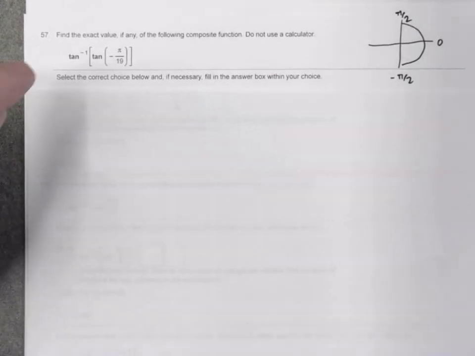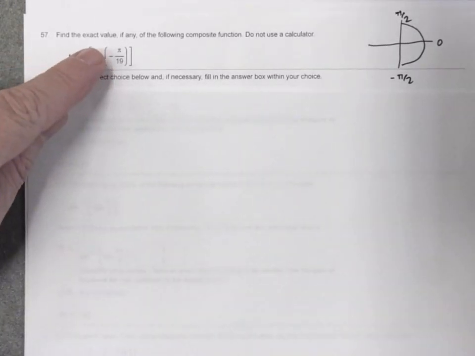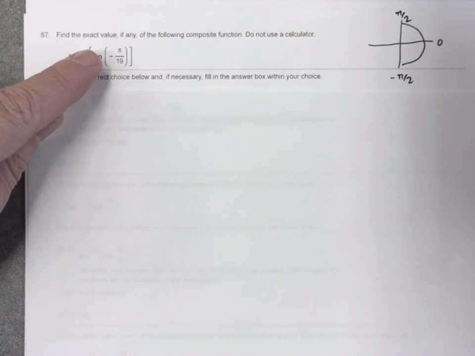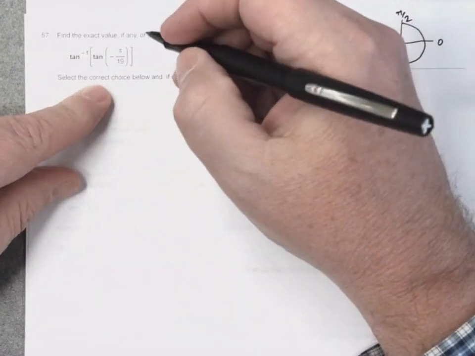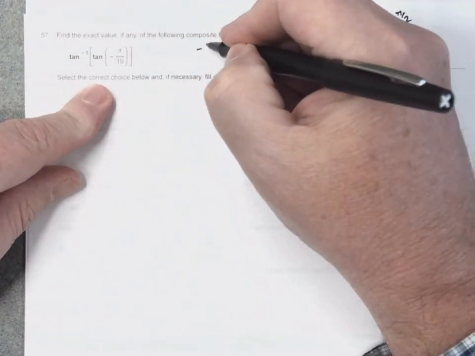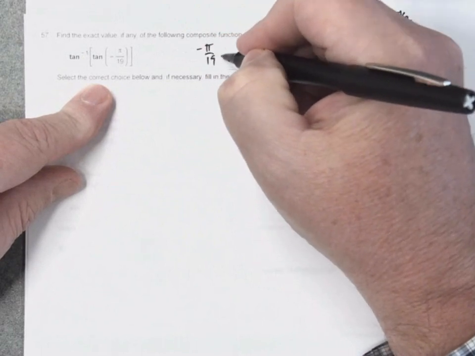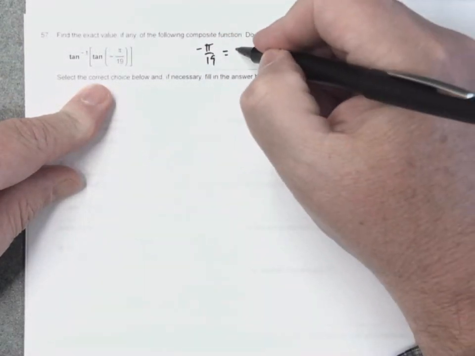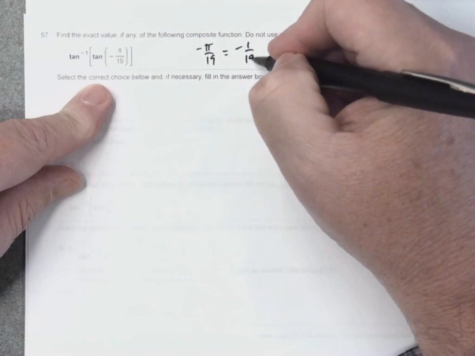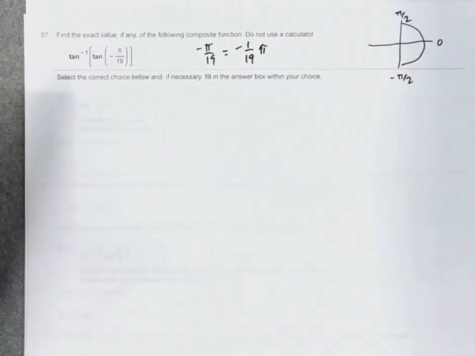So where is negative pi over 19? Well, if you want to think of it this way, negative pi over 19 really means the same thing as negative 1 over 19 times pi.